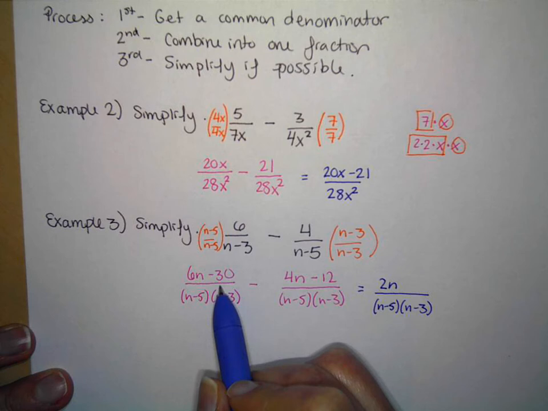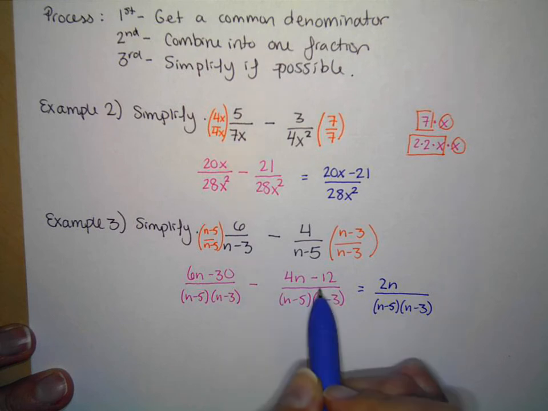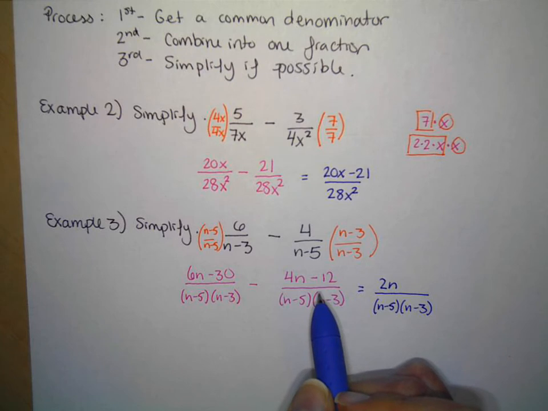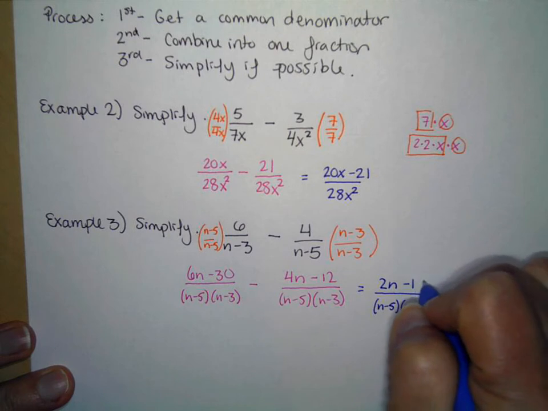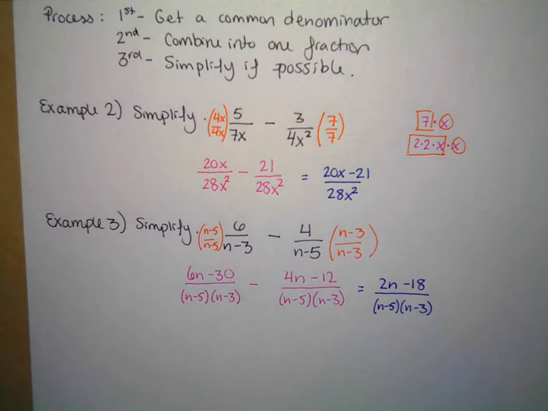Negative 30 minus negative 12. Recall that when we subtract a negative, that's like adding. So we really have negative 30 plus 12, which gives us negative 18. So at this point, we have 2n minus 18 over n minus 5 times n minus 3.